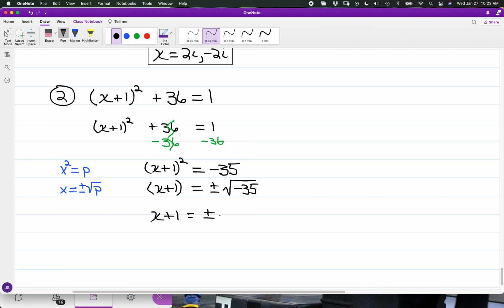So this will go to plus or minus the square root of 35 times i. And the square root of 35 cannot be reduced in radical terms. For the solutions in x, we get x by itself, and if I take 1 away from both sides, I'm just going to lay this out in terms of horizontal addition and subtraction: x plus 1 minus 1, and this newly formed constant in front of the radical term.